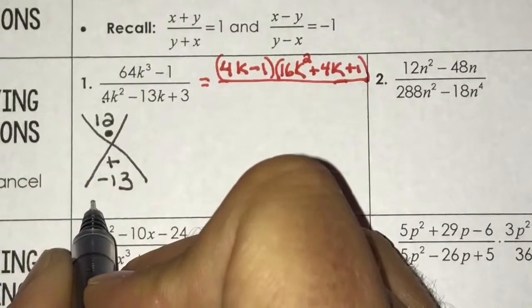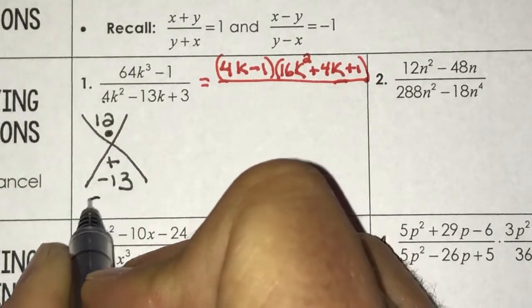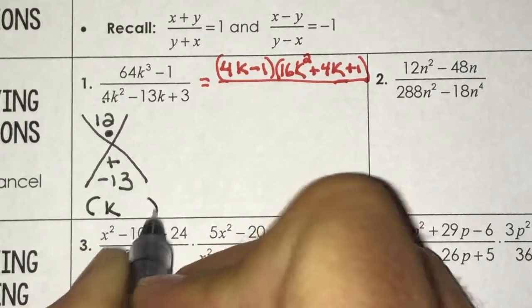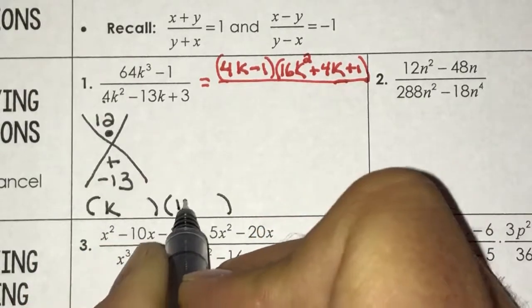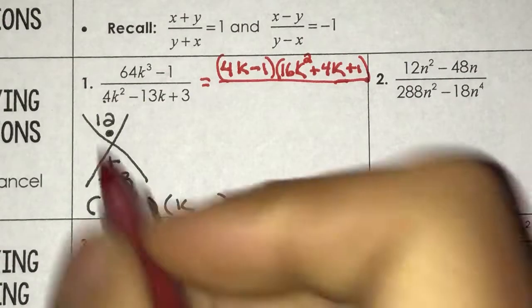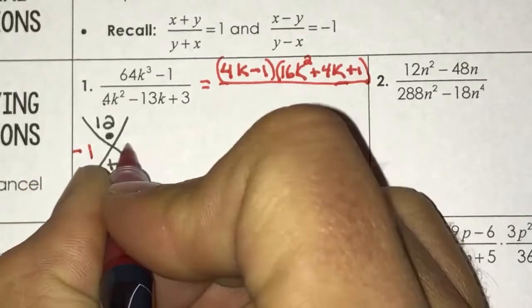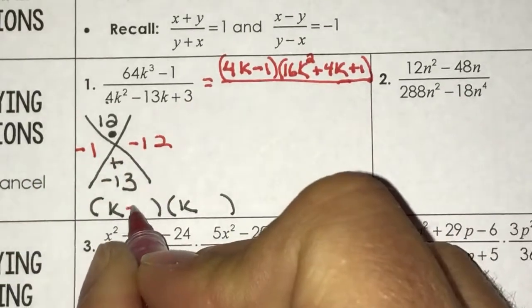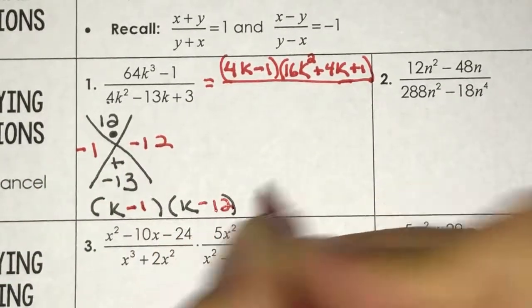And then they're going to go with k. So I'll have k something and k something. So what are factors of positive 12 that add up to negative 13? Good. So negative 1, negative 12.